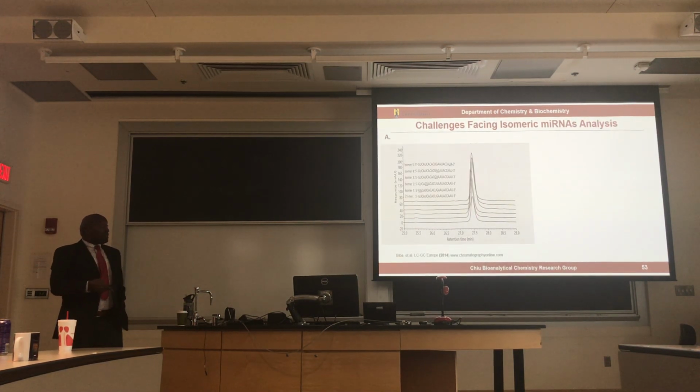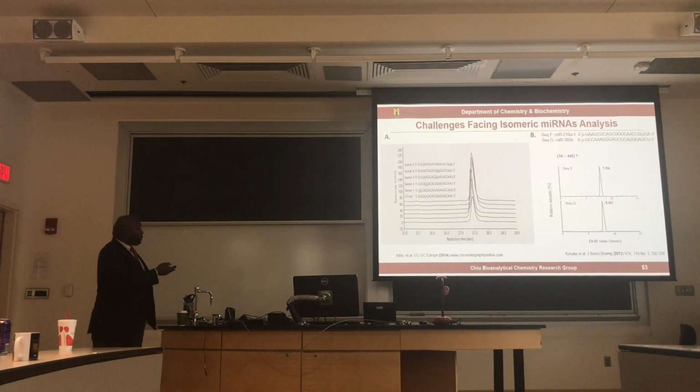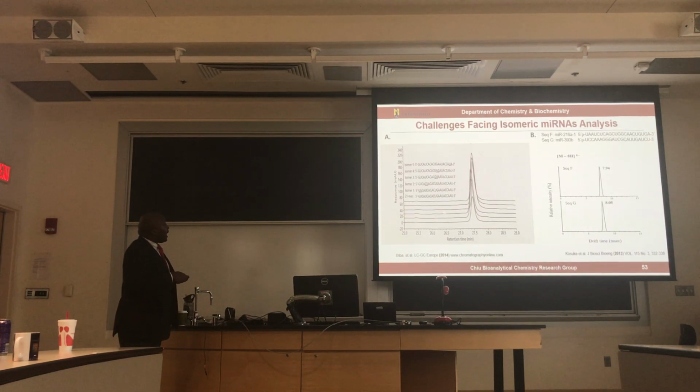We are concerned because in this paper, a group tried to analyze a 21 nucleotide oligo, or 21 nucleotide RNA, we can say. The only thing that they did was to flip the bases. So instead of having AG, you have GA. Instead of having GU, you have UG.